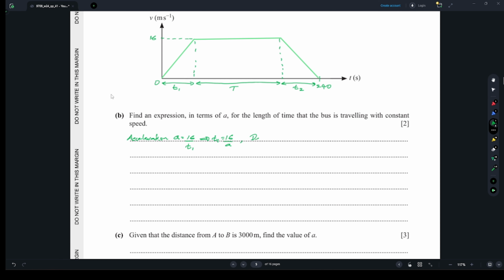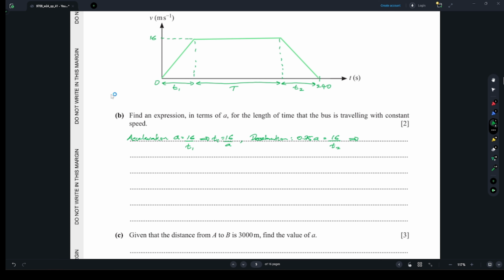Then we can consider deceleration. In that case, 0.75a equals 16 over t2.